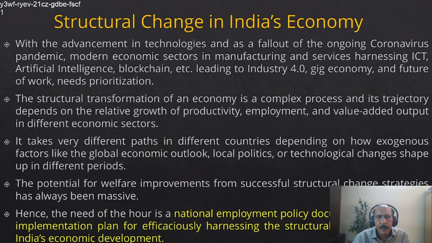And this is happening despite the fact that the manufacturing sector has a high employment elasticity vis-a-vis the agriculture and service sector, meaning thereby that if manufacturing output increases by 1 percentage point, the employment opportunities generated will be more in manufacturing than if a similar increase takes place in agriculture or the services sector. Despite all this, the manufacturing sector still remains stagnant or static as far as its contribution in GDP and the workforce is concerned.